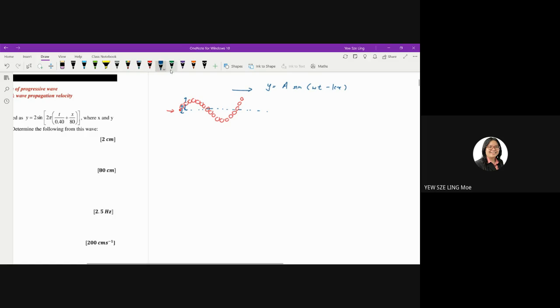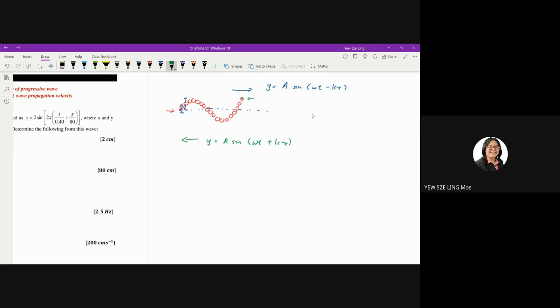If your wave is traveling to the left, if your energy is being exerted at this point, then the equation will be y equals A sin(omega t plus kx). So you have two different equations for two different directions.